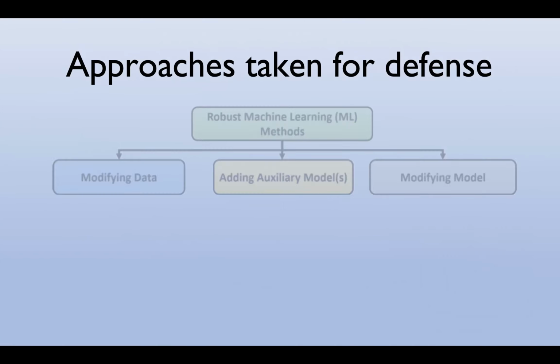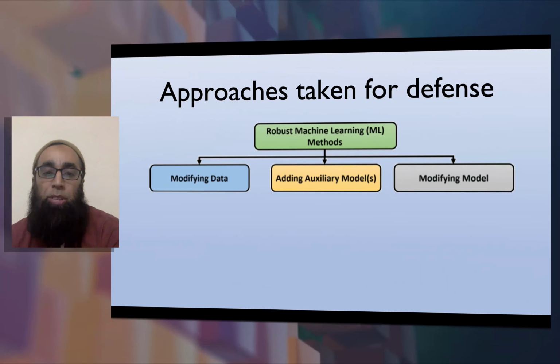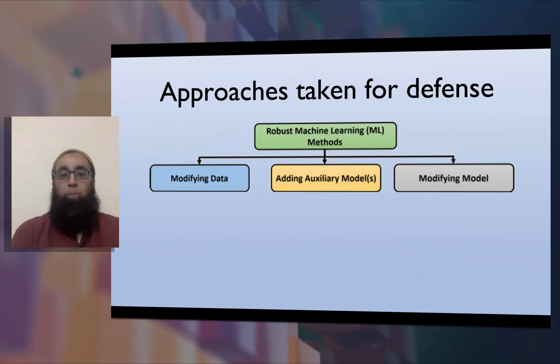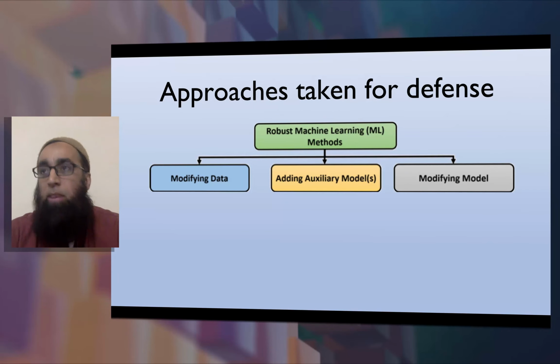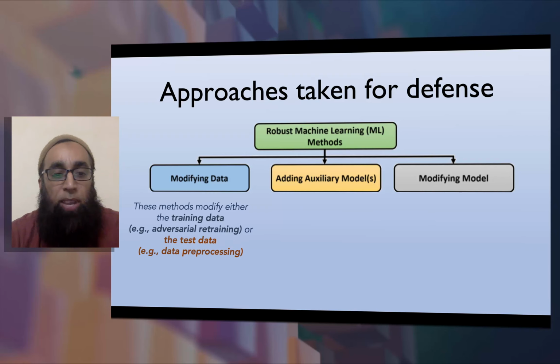So let us initially see what are the major approaches that people have taken. We will then describe which one of them has been shown to be ineffective and which one of them is showing promise as a potential component of future robust machine learning methods. So firstly, we can think about techniques that are based on modifying data.